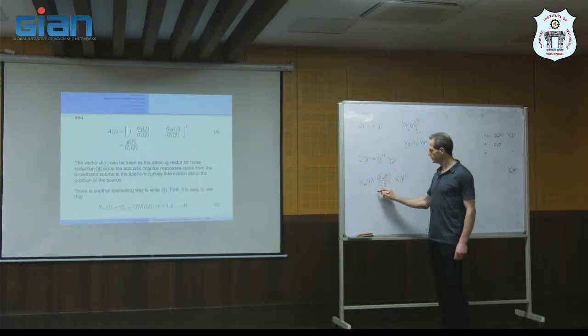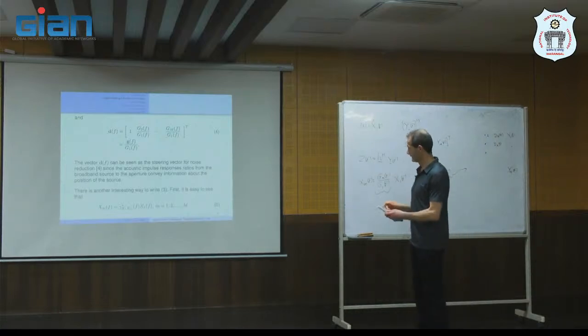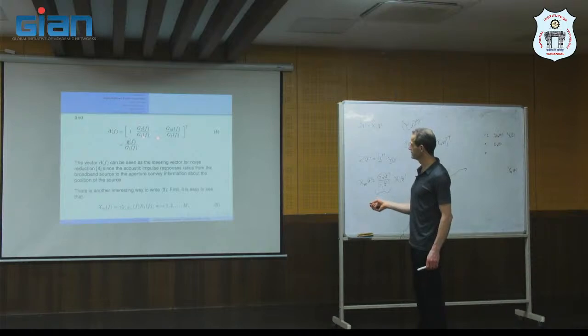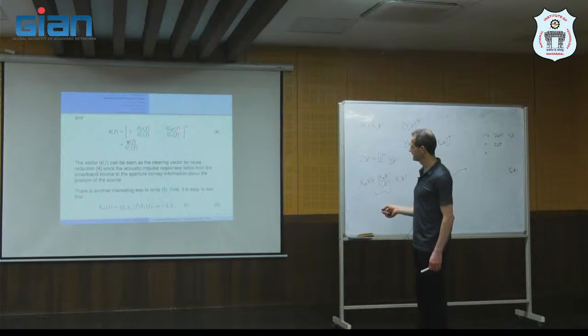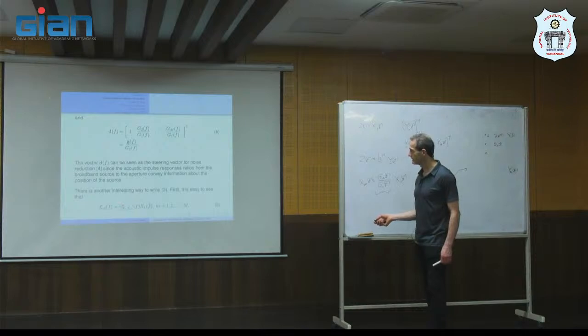So here, what we see is the element, the relative transfer function, in the steering vector D. This relative transfer function is actually the same as the partially normalized coherence between these two elements.